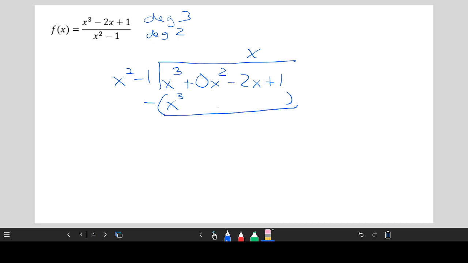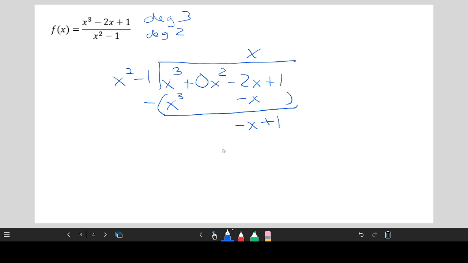It was just x to the first, so I need to write it here. And we have negative 2 minus negative 1 for the coefficients there. So negative 2 plus 1, which is negative 1. And we didn't end up needing that placeholder, so we have 0 minus 0 there essentially. And here we have, for the constant, 1 minus 0. So we still have a plus 1.